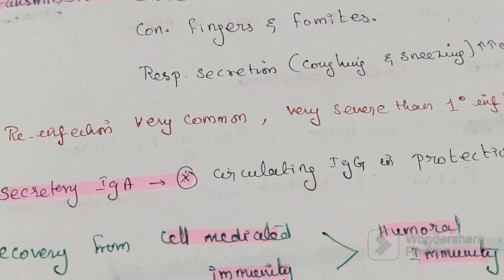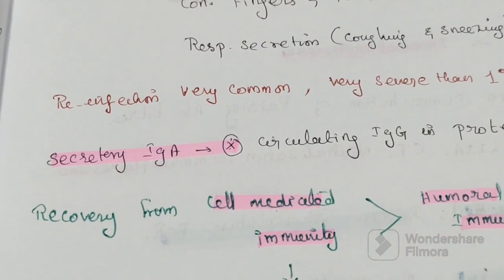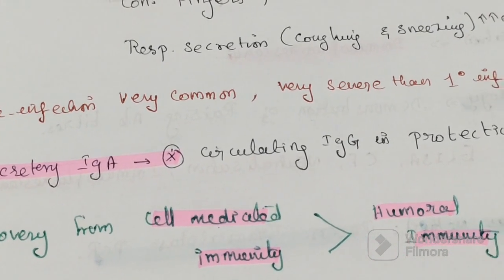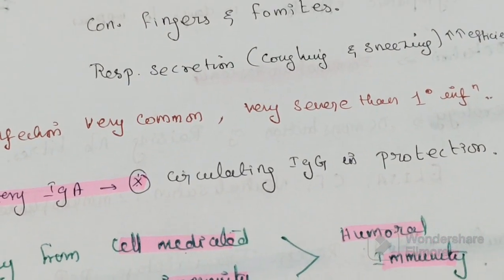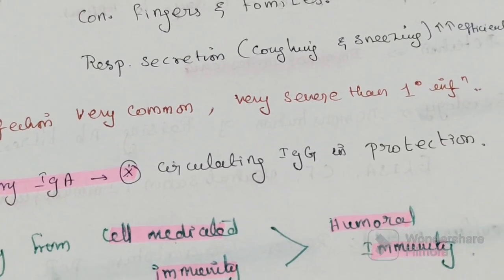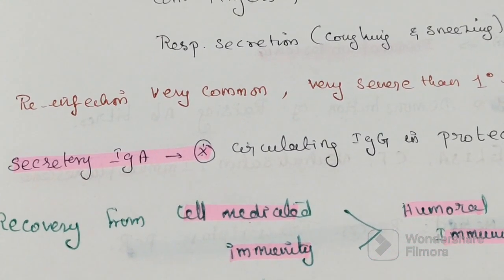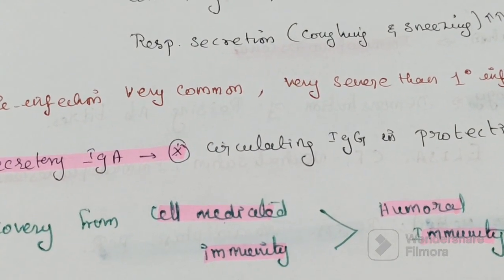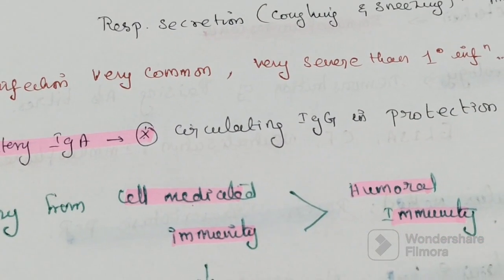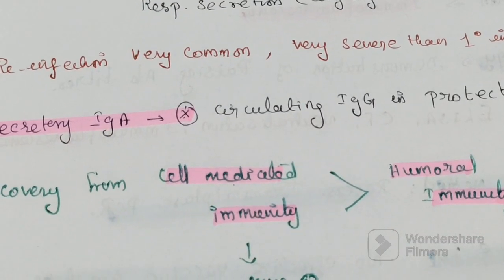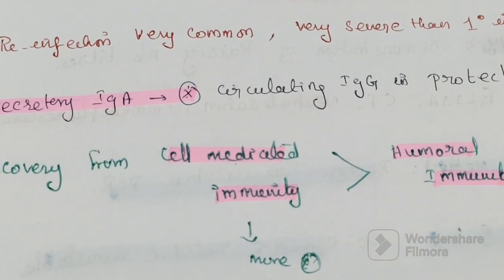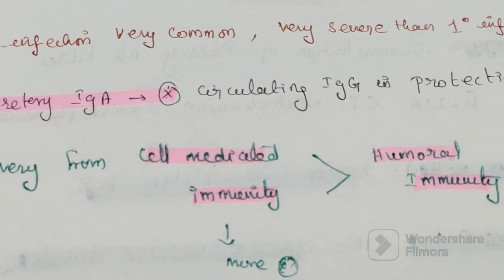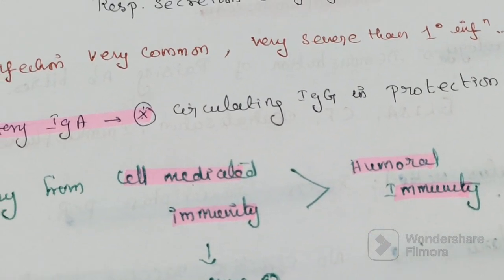Secretory immunoglobulin A is more important than circulating IgG in protection. For recovery from infection, cell mediated immunity plays a major role compared to humoral immunity.